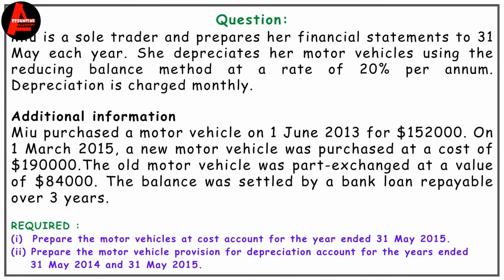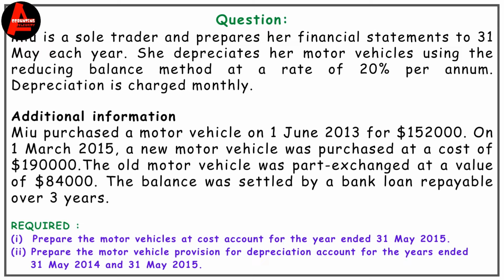Muse is a sole trader and prepares her financial statements on 31st May each year. She depreciates her motor vehicles using the reducing balance method at a rate of 20% per annum. Depreciation is charged monthly. Muse purchased a motor vehicle on 1st June 2013 for $152,000.